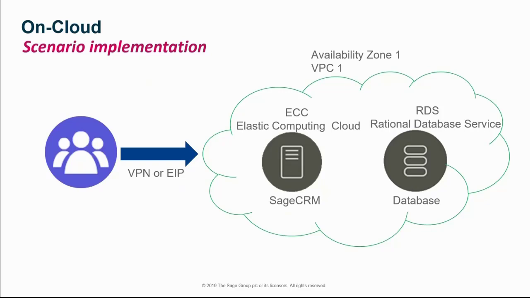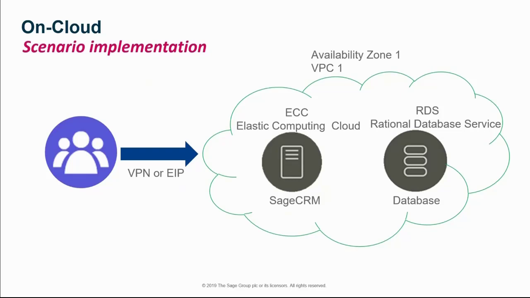Sage CRM can be deployed in a cloud environment as shown in the above scenario. Taking AWS services as an example, once the subscription is done, the user can install and get their Sage CRM running in the cloud, in the availability zone and virtual private cloud they have created.